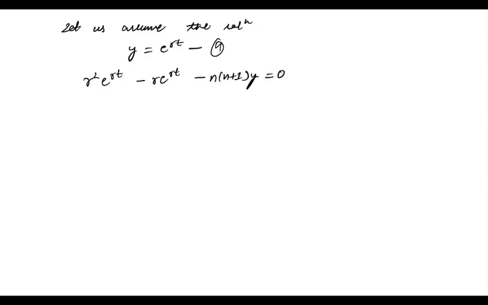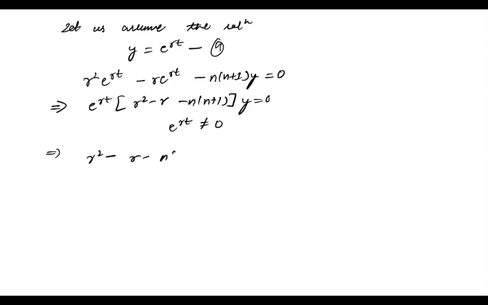Now we can take out exponential r to the power t common, so we're left with r square minus r minus n into n plus 1 equal to 0. By definition, exponential rt cannot be equal to 0, so we are left with the auxiliary equation r square minus r minus n into n plus 1 equals 0.